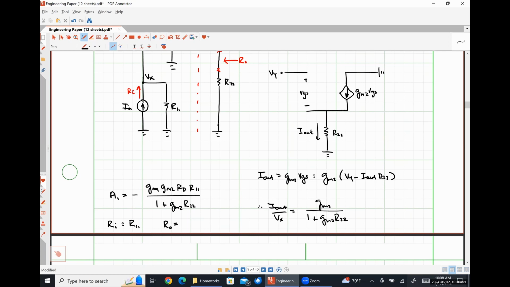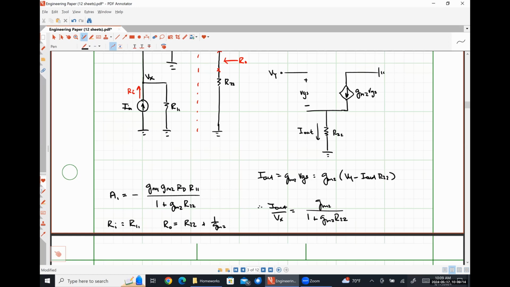What is our output resistance going to be? So what do we see looking down? R22. What do we see looking up? Perfect. And now we can literally just plug these results into our equation.